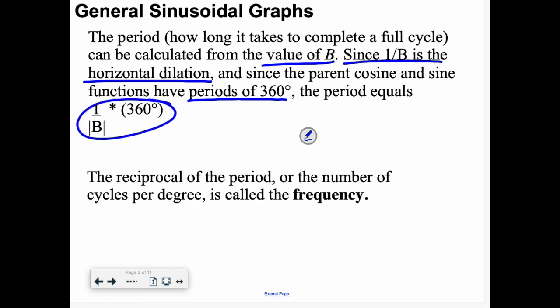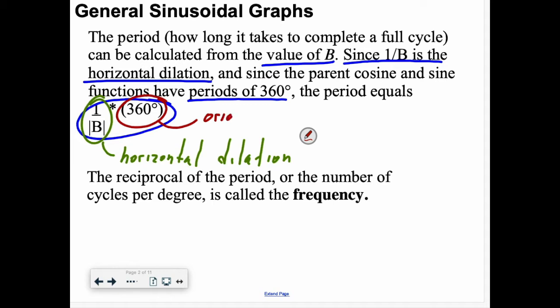Which looks really confusing until you realize, wait a second, this is just my horizontal dilation. And then this is just the frequency of the parent function, so the original. Which is exactly what we've done before in the past by just saying, well, we have our dilation, and I'm applying it to the original.